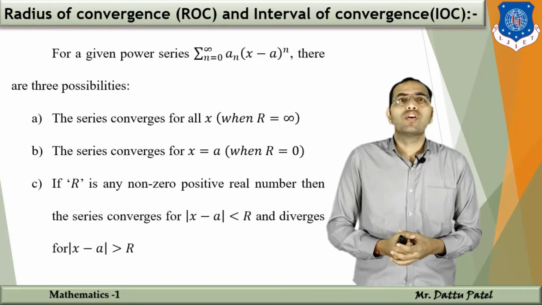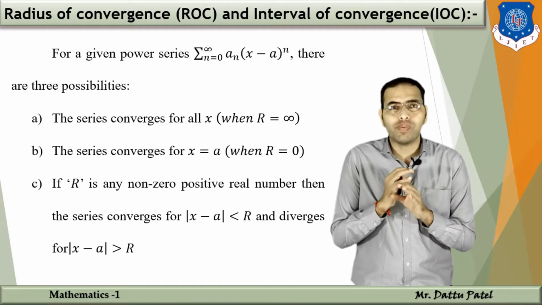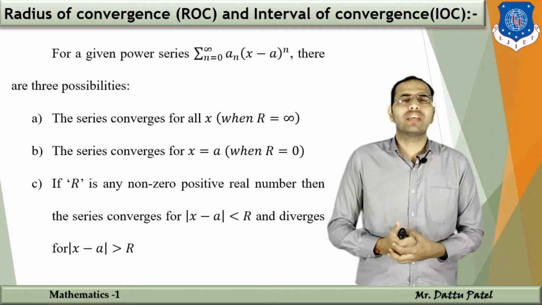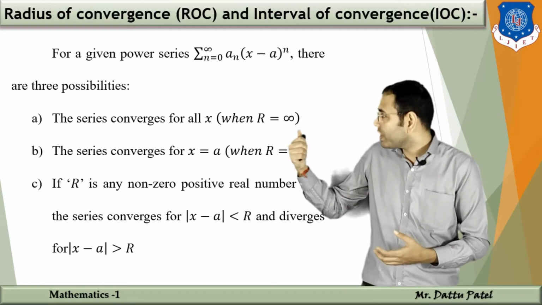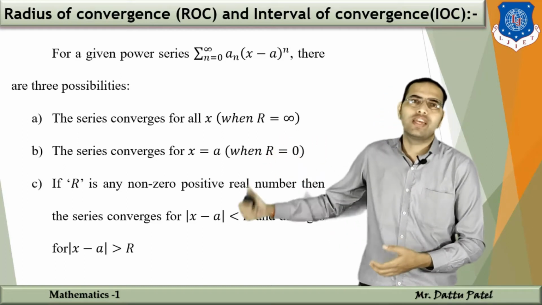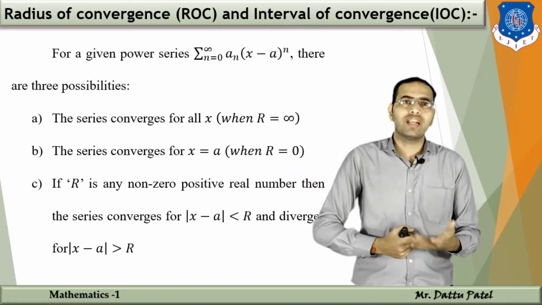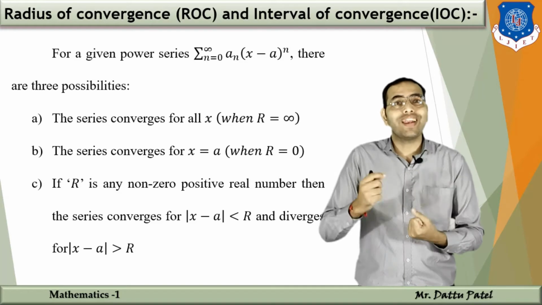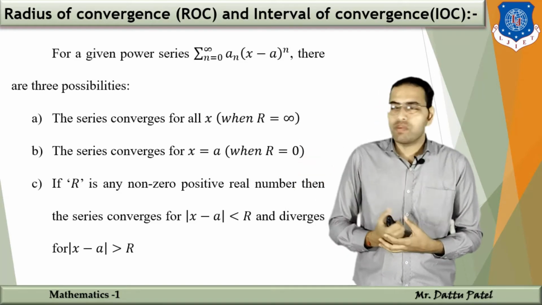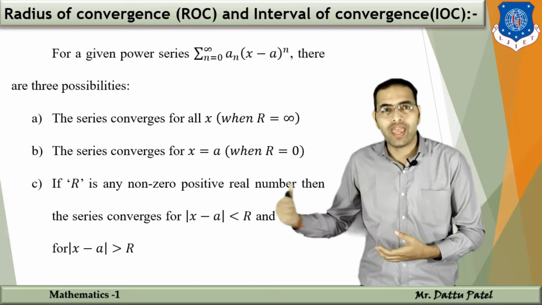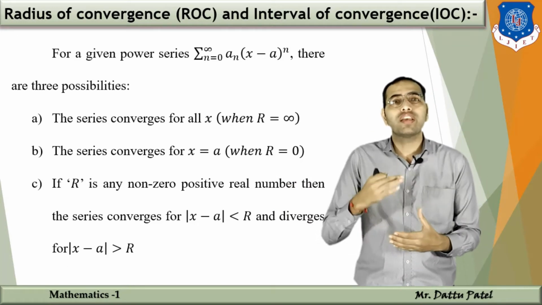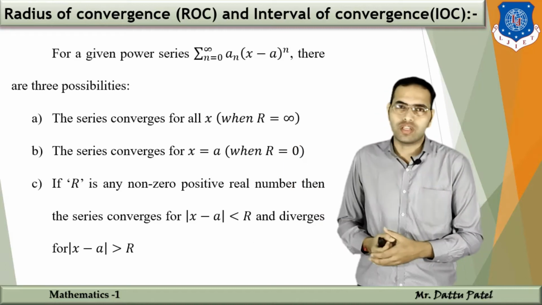First, if the given series is convergent for all values of x, then we say that the radius of convergence is infinite. Secondly, suppose the series is convergent only at one point, the center of the power series, that is x equal to a. Then the radius of convergence is 0.